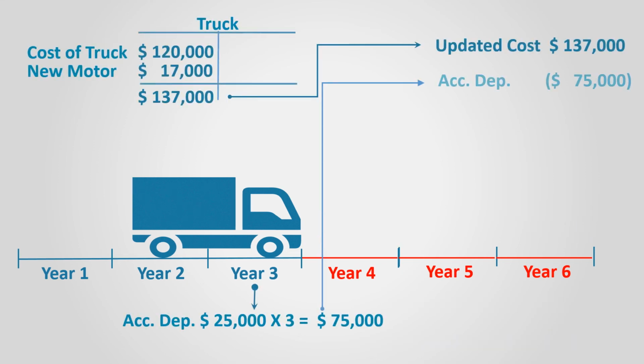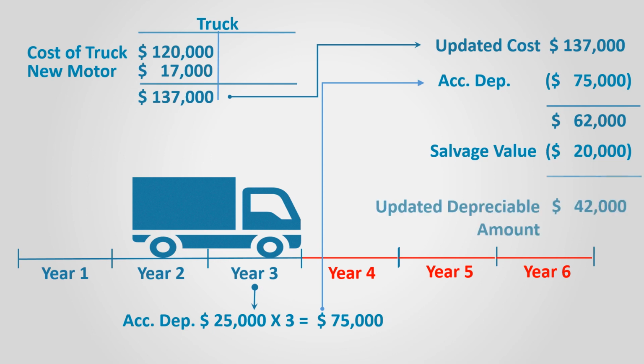Accordingly, the net book value of the truck is calculated by subtracting accumulated depreciation in year 3, which is $75,000, from the updated cost of the truck of $137,000. So it is equal to $62,000. If we subtract the salvage value, which is $20,000, then the new depreciable amount will be equal to $42,000.